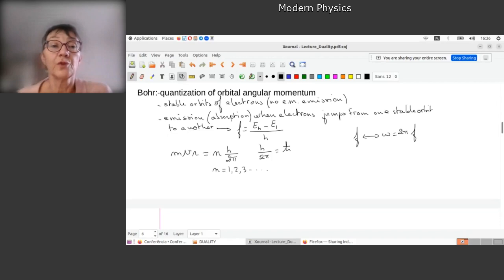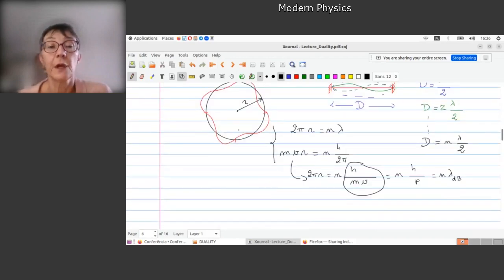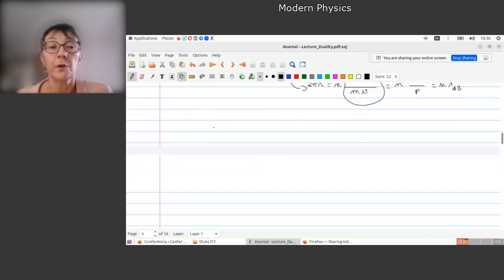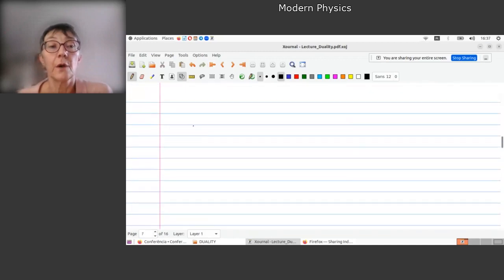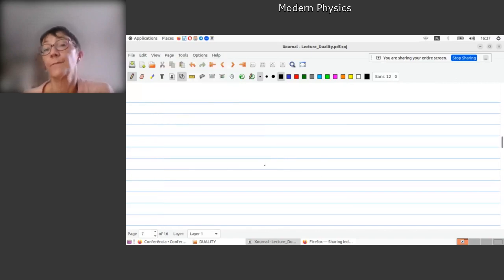Well, what you do is you will have some experiment where usually wave, light for example, have a particular behavior, and these are experiments of diffraction and interference.